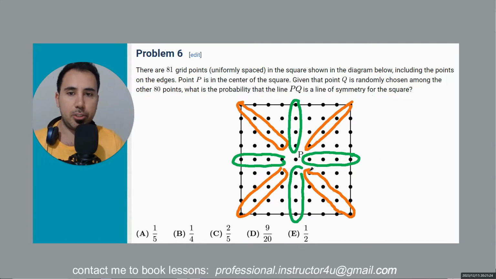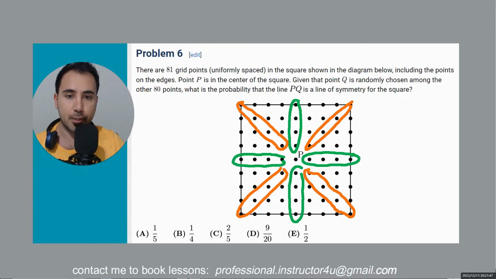So what does the question want? What is the probability that the line PQ is a line of symmetry for that square? If Q is one of these points, it will be a line of symmetry. If it's not one of these points, it's not a line of symmetry.